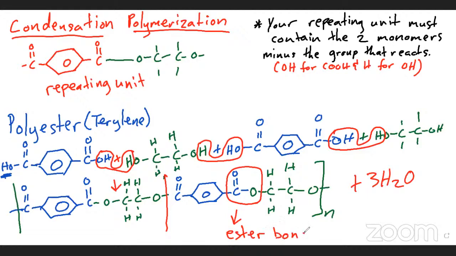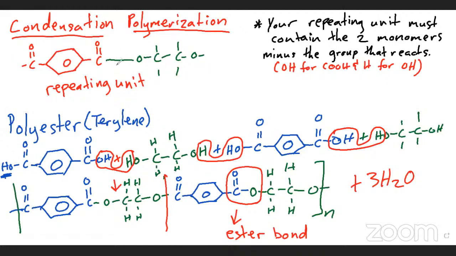Student: The repeating unit is basically the result of the acid and the alcohol reacting? That is correct. So it's the structure formed when the acid and the alcohol react. But just remember, do not put on any OH out here and any H at the end.